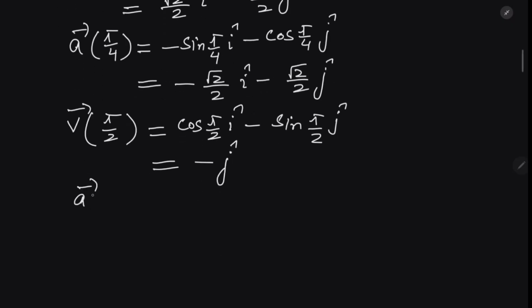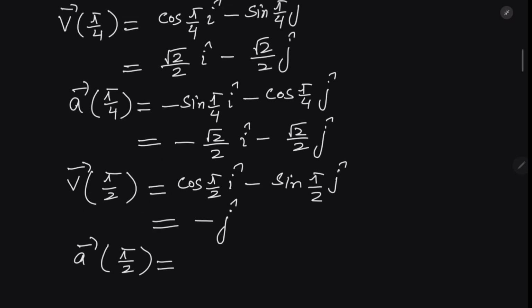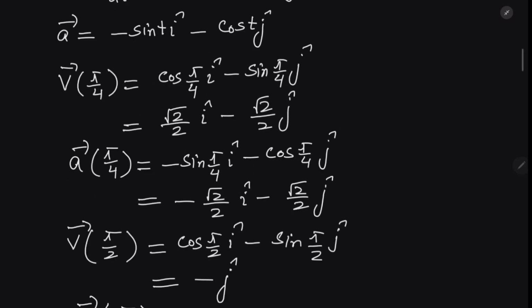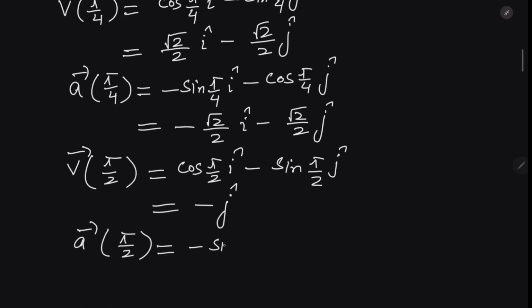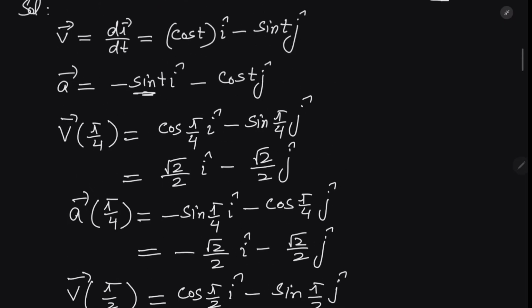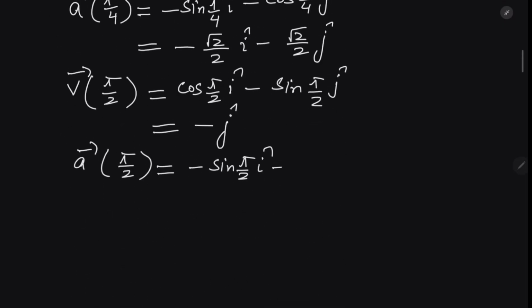Similarly, acceleration at pi by 2 is minus sine pi by 2 i minus cos pi by 2 j. Sine pi by 2 is 1, so we get minus i, and cos pi by 2 is 0. So that is the acceleration at pi by 2.